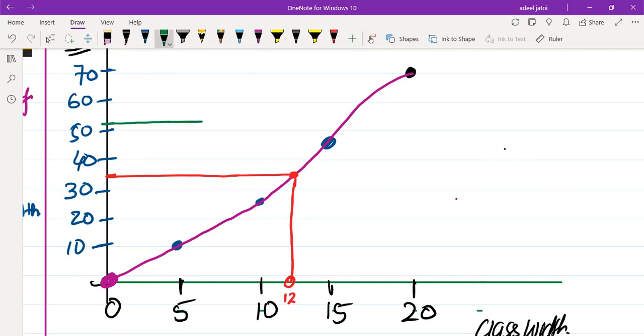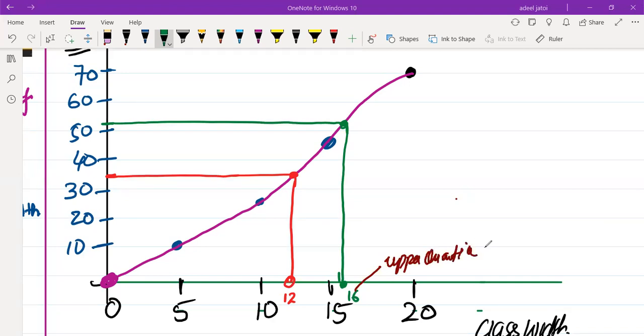We'll extend the line from the cumulative frequency to the cumulative frequency graph, and then we'll drop down to the class width. Now let's say this class width is 16. So this 16 will basically be the upper quartile answer.